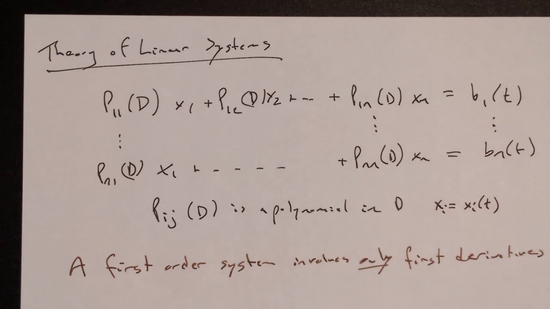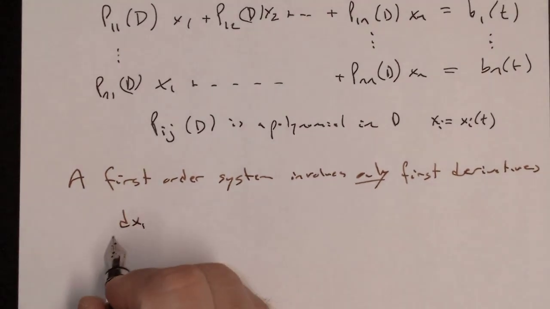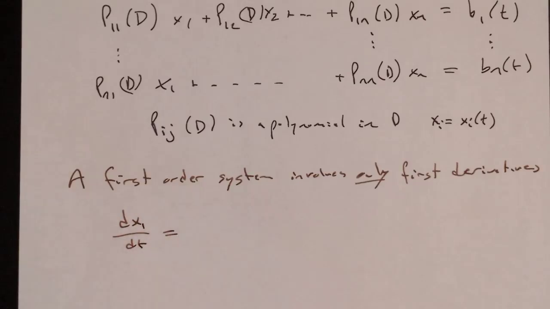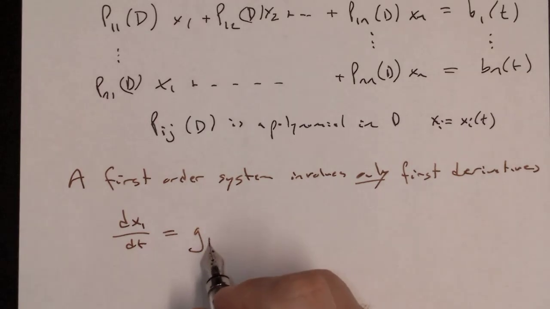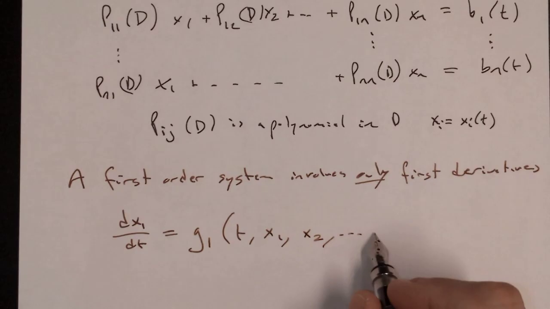And if I do that, I'd like to be able to rewrite them so that I can write dx1/dt all alone as some function of t and x1 and x2 all the way up to xn.